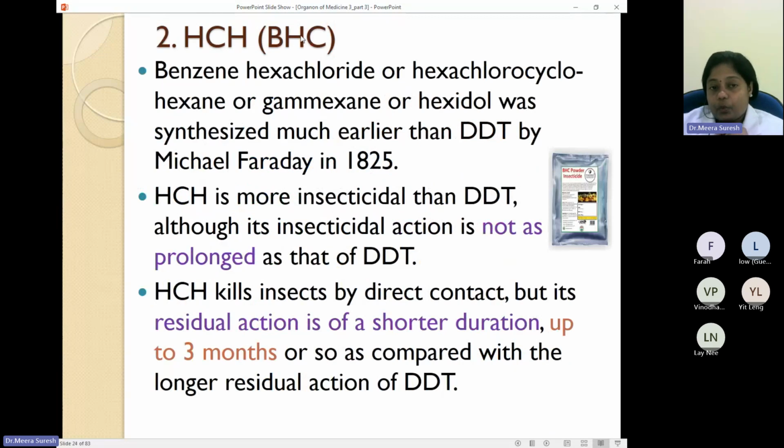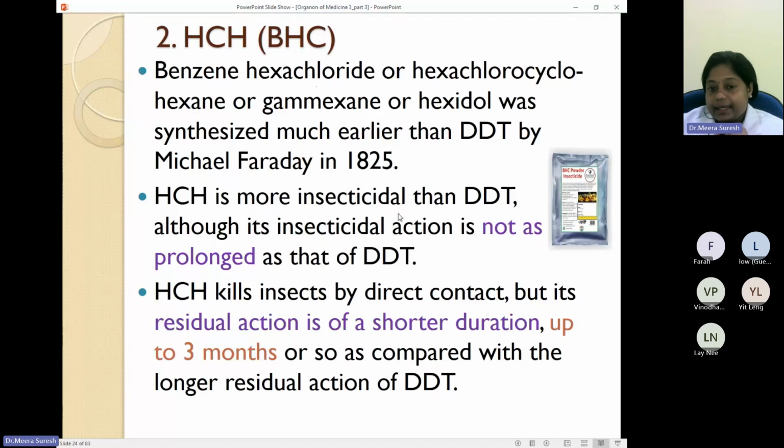So HCH or BHC, its full form is benzene hexachloride or hexachlorocyclohexane or gamexane or hexitol. Try to remember at least why the term hexa or hexi, because this may be asked as an MCQ.